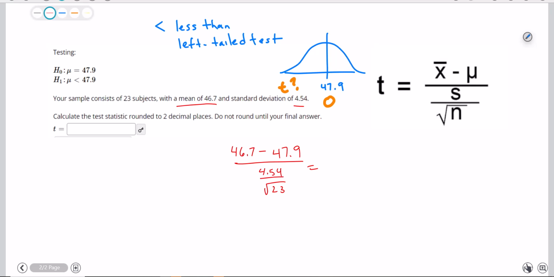And pardon me, I had not typed this in my calculator yet. Be sure that when you put it in your calculator, you're putting that in parentheses and that in parentheses. So 46.7 minus 47.9 divided by, open a parentheses, 4.54 over the square root of 23.